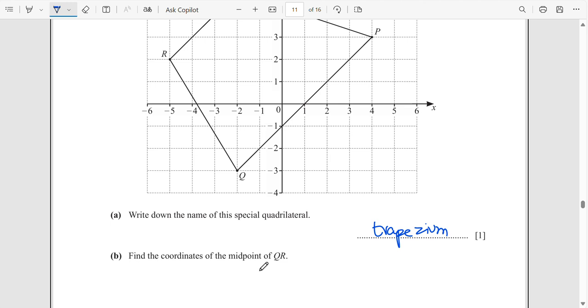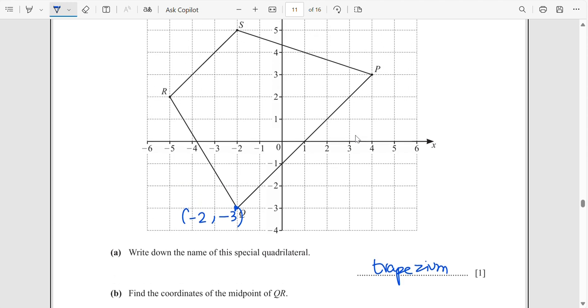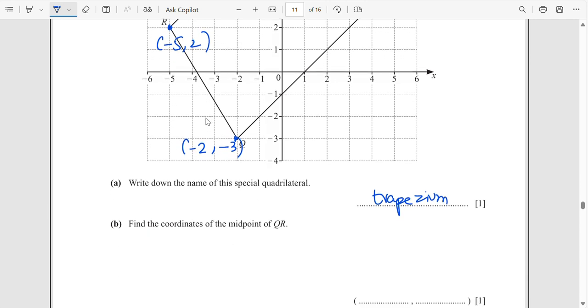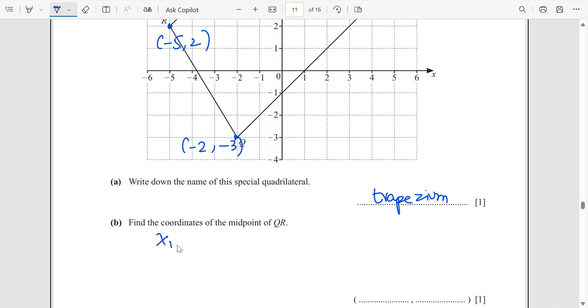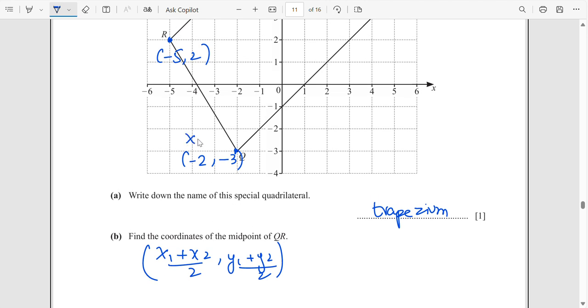Find the coordinates of the midpoint of QR. So Q here has x coordinate -2 and y coordinate -3, and R has x coordinate -5 and y coordinate 2. The formula for the midpoint is x1 plus x2 over 2, y1 plus y2 over 2. So let's call this x1, y1 and this x2, y2.